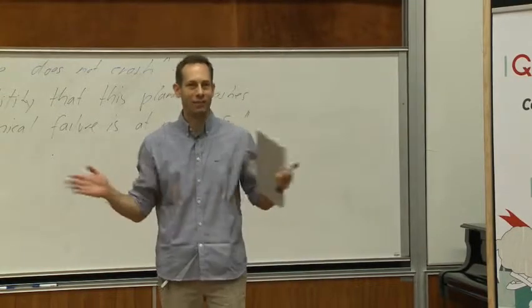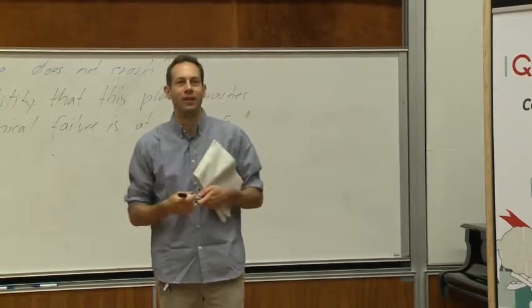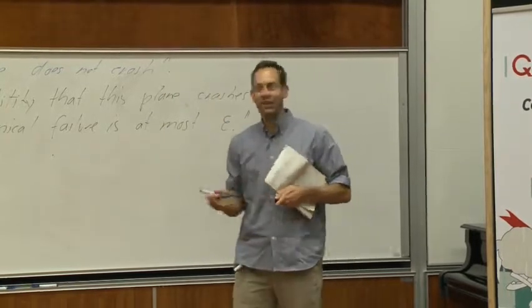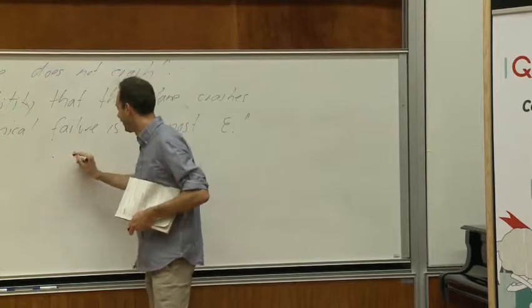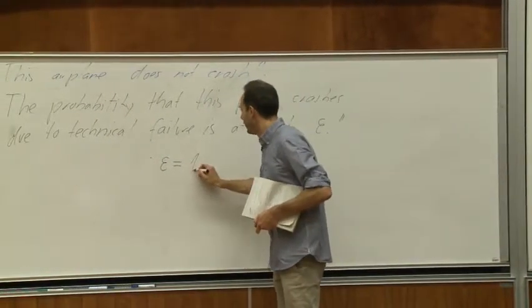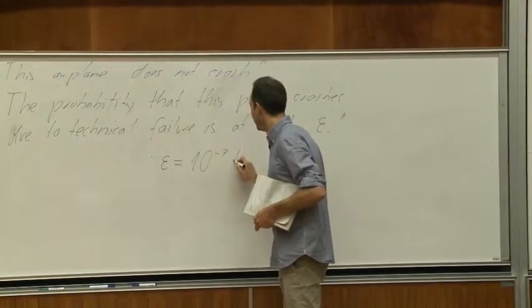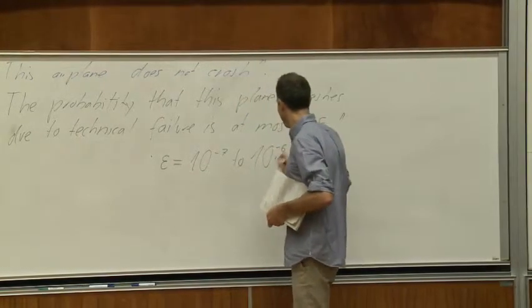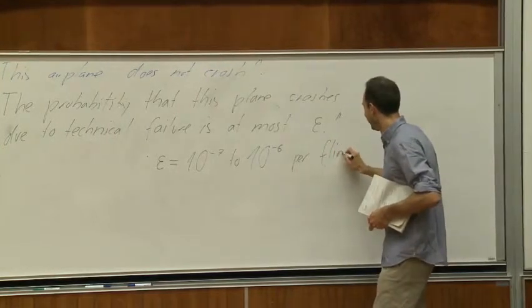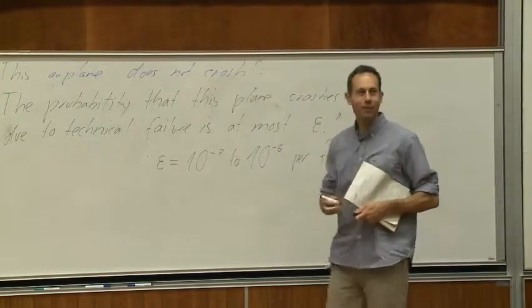You can just fly with many airplanes and calculate how many crash. And that's, of course, what's happening in reality, and this is how we get this number. So in reality, we know that the epsilon on this side is essentially 10 to the minus 7 to 10 to the minus 6, depending on the airline, per flight. So this is an empirical number, but it's a clear number.